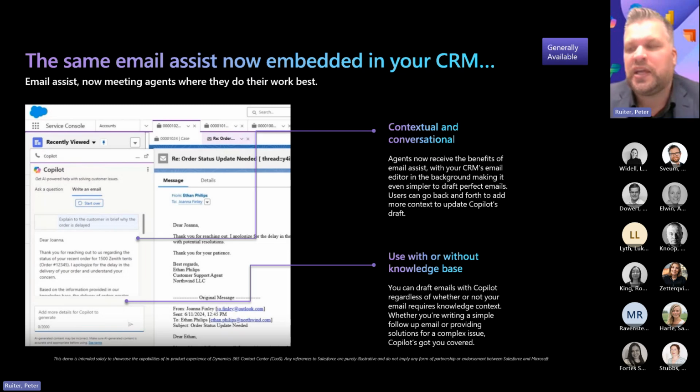So if you use it without customer service from Microsoft itself, all of the functionality is available, but it's a little bit more hassle than if you use it in the Dynamics world. What is really cool though is that you have the context of that record, you have the context of the client, and you have your knowledge base available to draft that email. So it is really a good help.